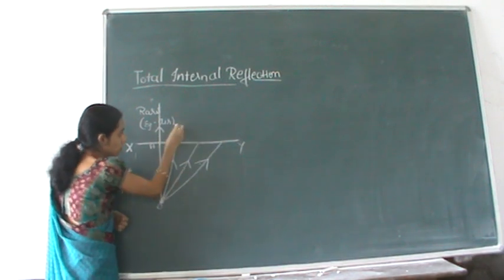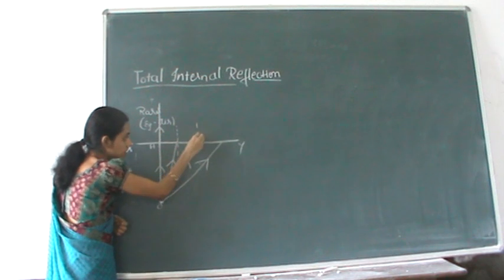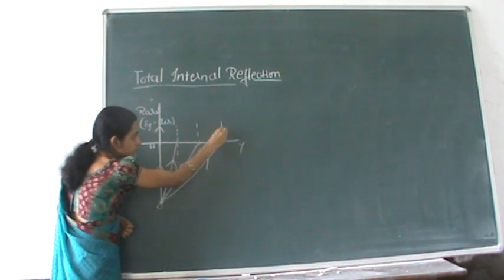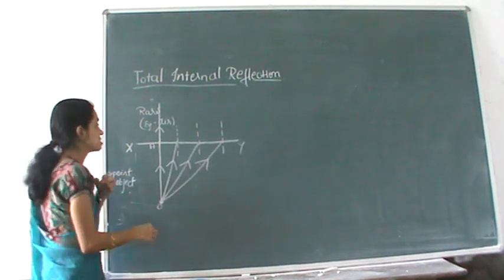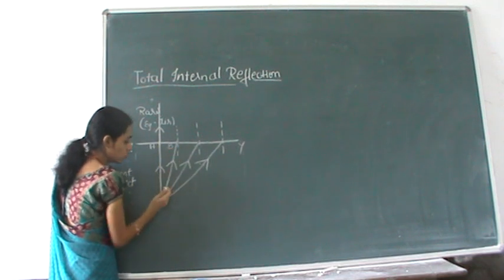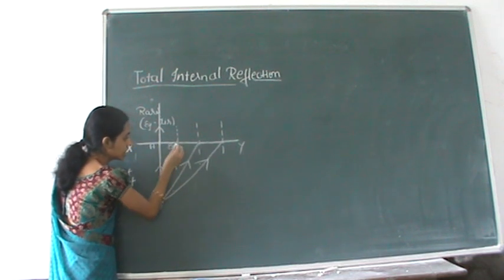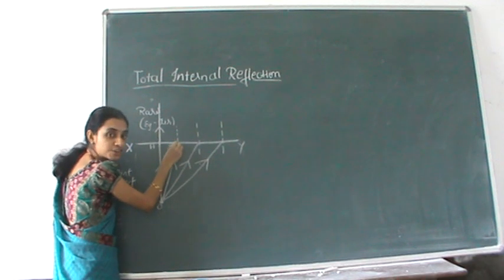Next, there is a certain angle here. This is the normal drawn to the surface. Let OB be the ray which is incident on the interface.